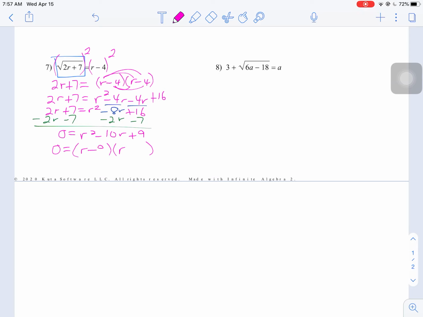So I think that should be negative 9 and negative 1. So yes, negative 9 times negative 1 is positive 9. Negative 9 plus negative 1 is negative 10. So now we want to set each factor equal to 0 and solve for r. So we're getting 9 as one answer and 1 as our other answer.